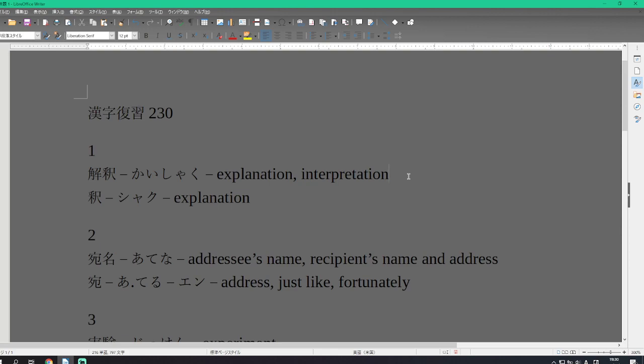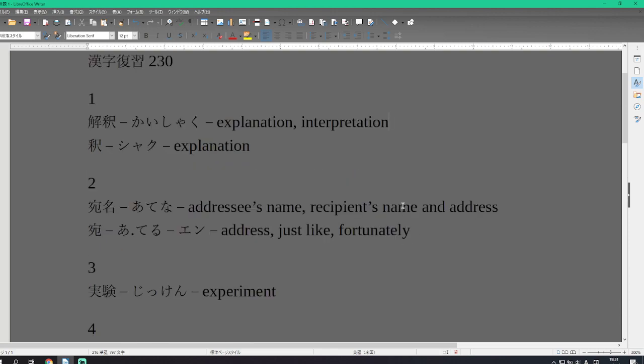Divide out into measures. Kai, left side for a measure, shaku on the right for explanation. Explanation or interpretation is a kaishaku.